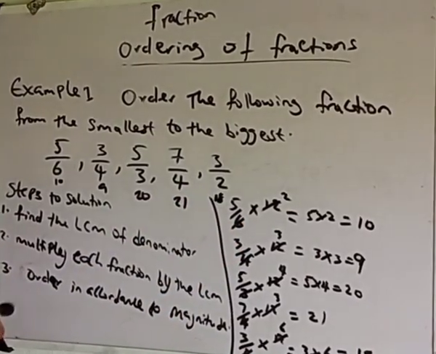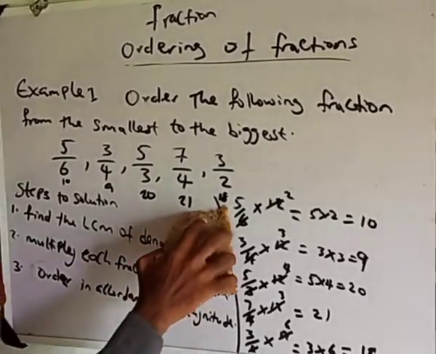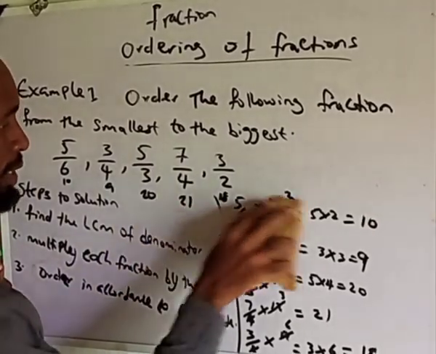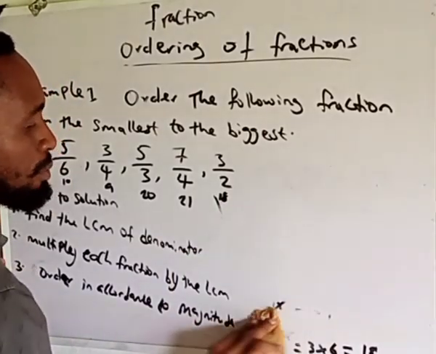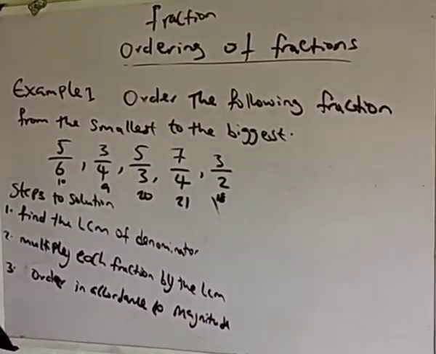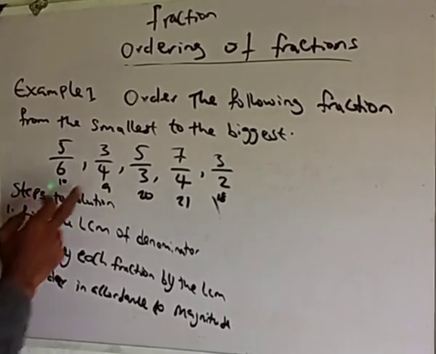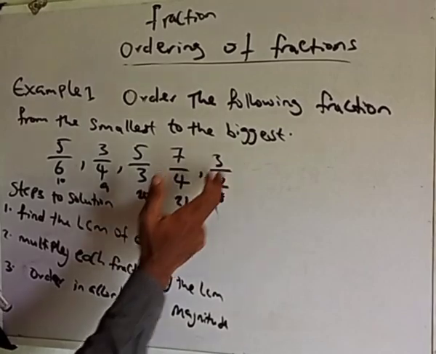Is that okay? I can clean this space now for the sake of space. So if I multiply by the LCM, the first fraction, which is 5 over 6, gives me 10. The next one gives me 9. The next one gives me 20. This one gives me 21. This one gives me 18.